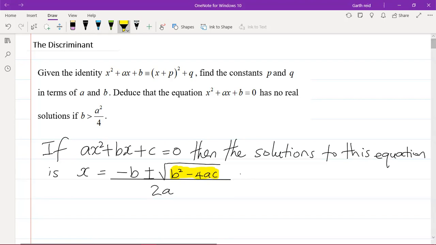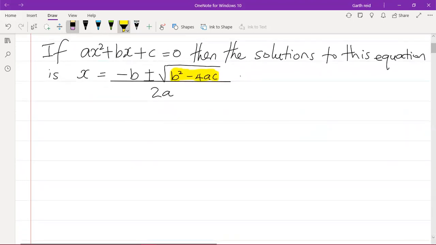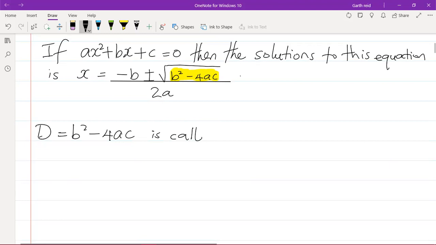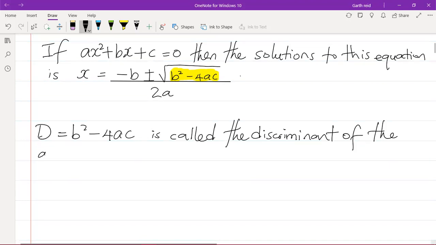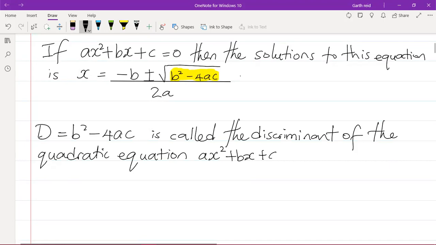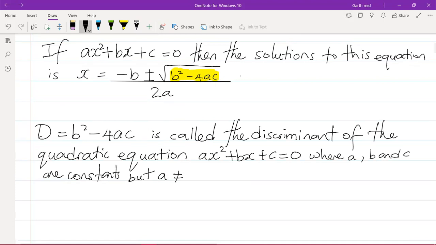So I'm going to write a note: capital D, which is equal to b squared minus 4ac, is called the discriminant of the quadratic equation ax squared plus bx plus c equals 0, where a, b, and c are constants, but the value of a must not be equal to 0.